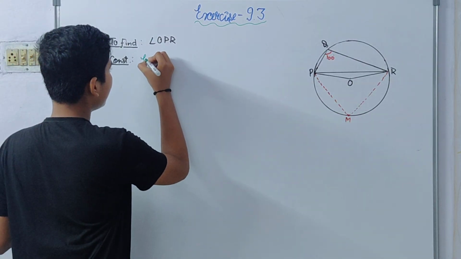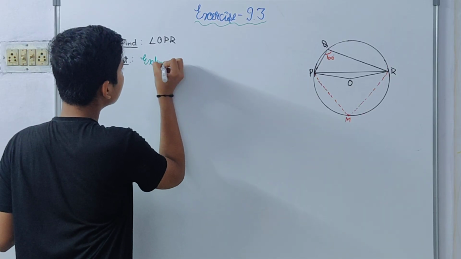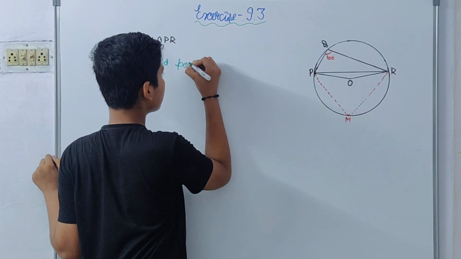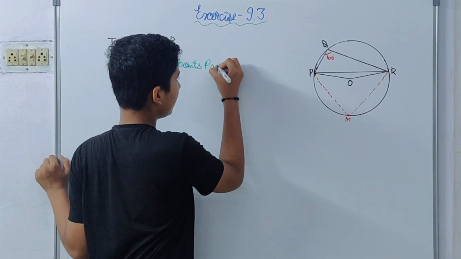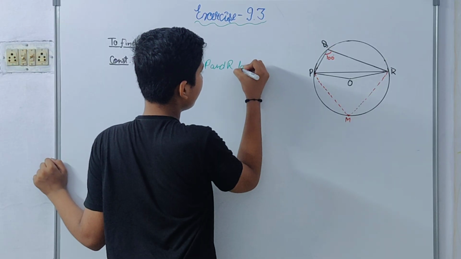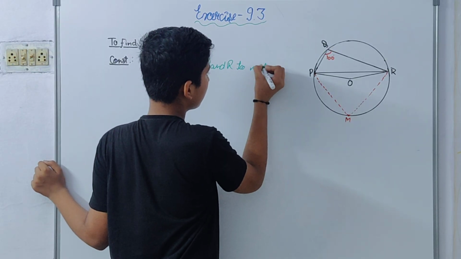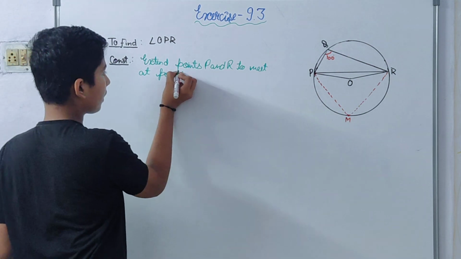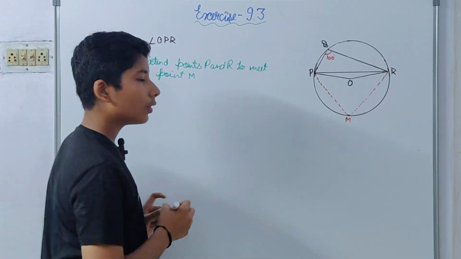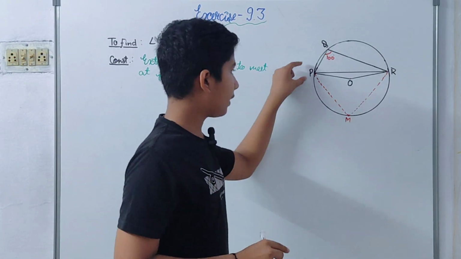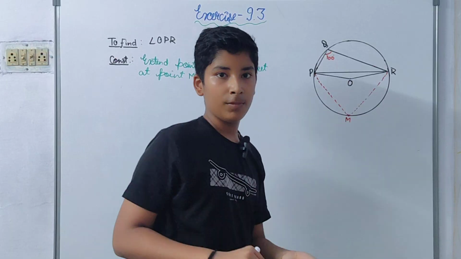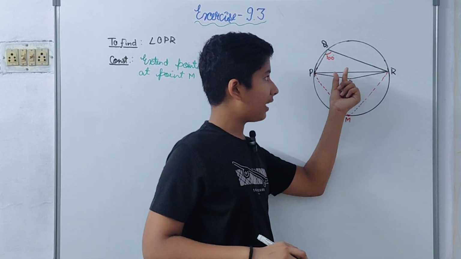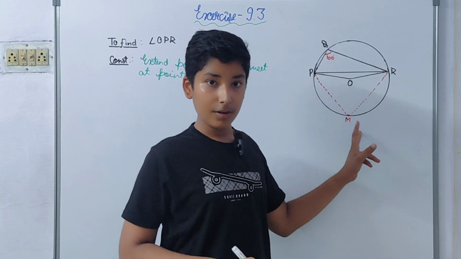We have extended points P and R to meet at point M on the edge of the circle. So now if this is 100 degree, what would this angle be?